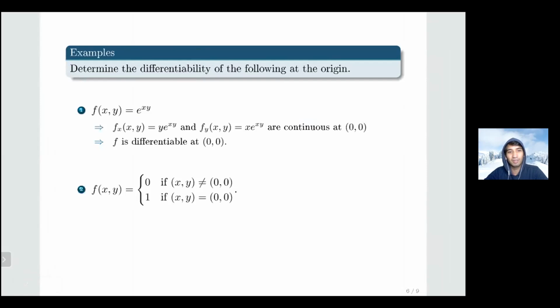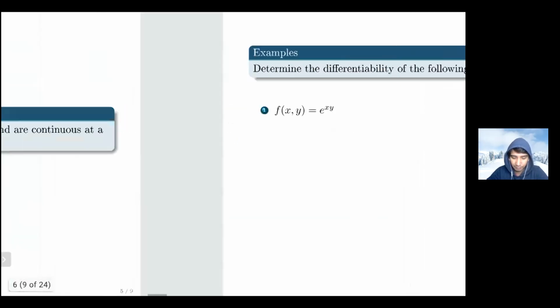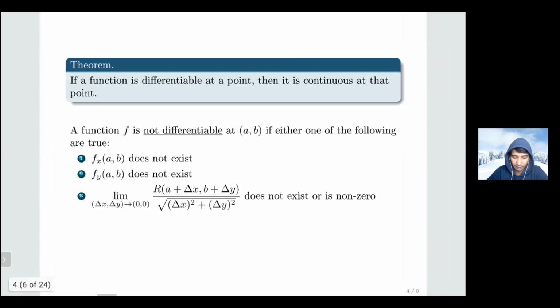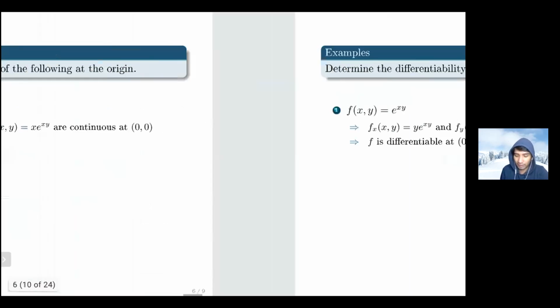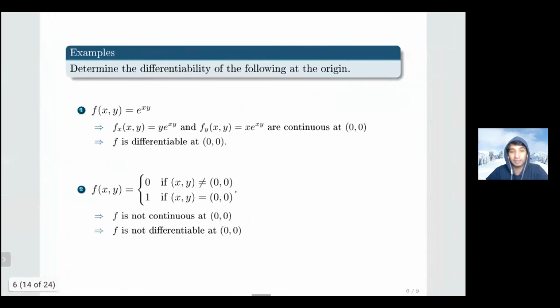So again, obviously, this is not continuous. So discontinuous yung function natin. So by this fourth condition, sabi pag hindi continuous, automatic hindi na siya differentiable. So ang conclusion natin ay the function is not differentiable at 0, 0.